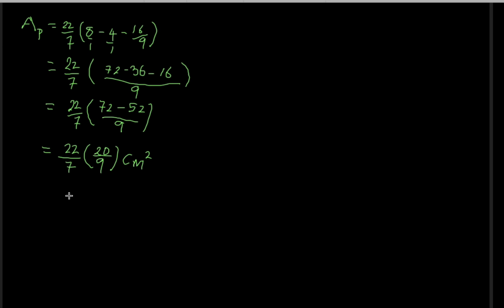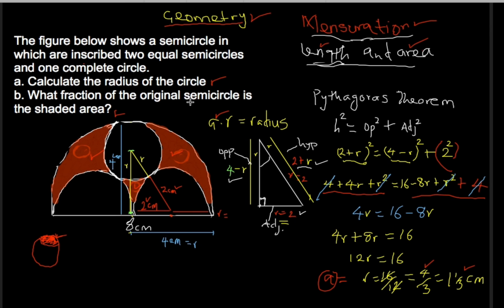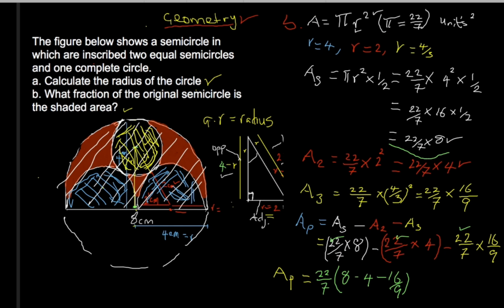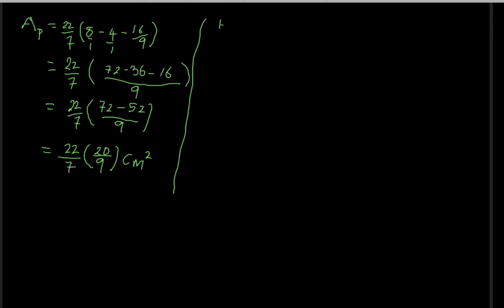Why am I leaving it like this, not simplifying it any further? Because we are asked to look for the fraction. It means I'm going to take the shaded part over the whole part. The portion that I took over the whole part will give me the fraction. This is the area of the whole part. The fraction of the shaded part will be the area of the shaded portion over the area of the semicircle.